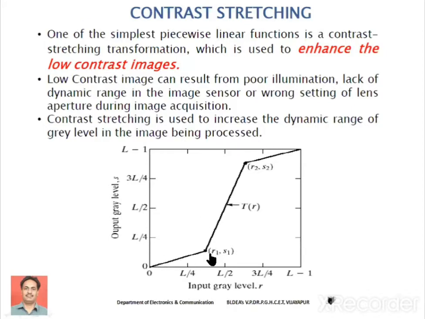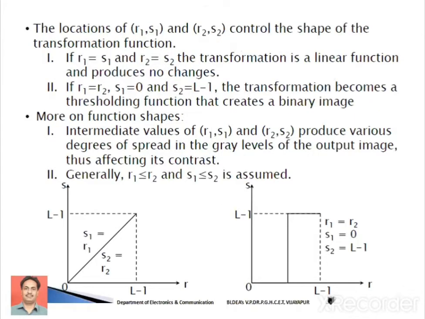We have marked some points R1 S1 and R2 S2. This entire graph indicates the transformation curve. Let us see what will happen for different values of R1 S1 and R2 S2. We have three different possibilities.